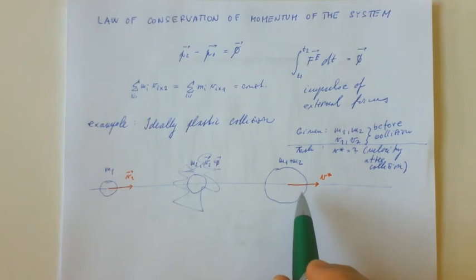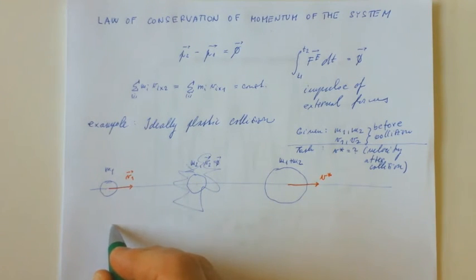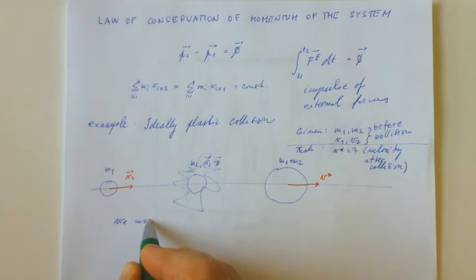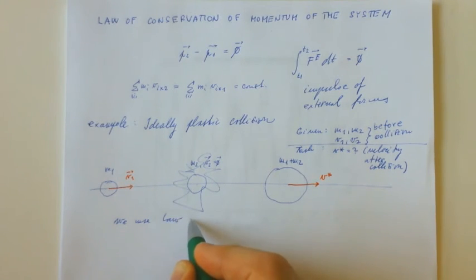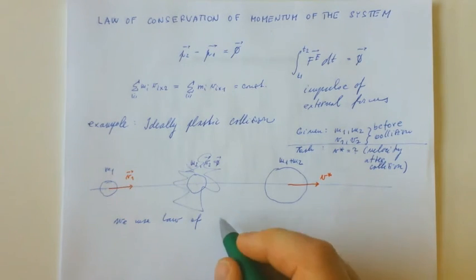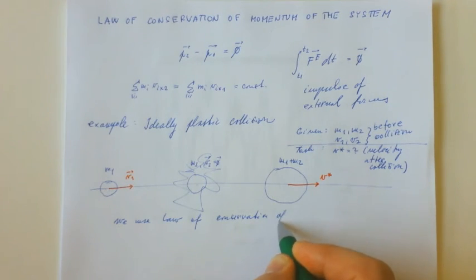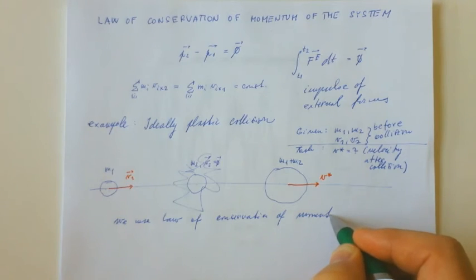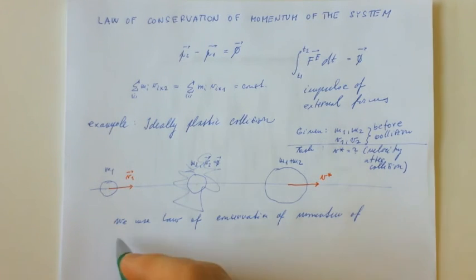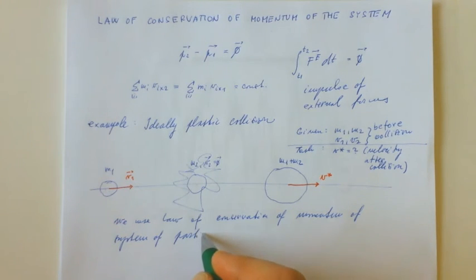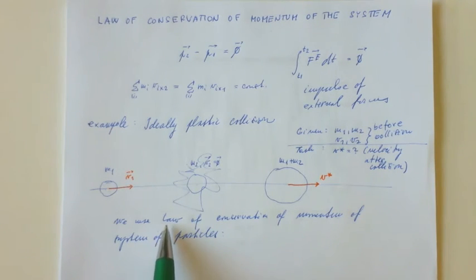So we use the law of conservation of momentum of the system of particles. Why do we use the law of conservation and why don't we use the law of change?